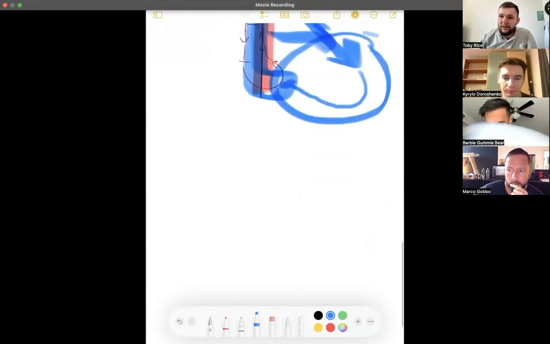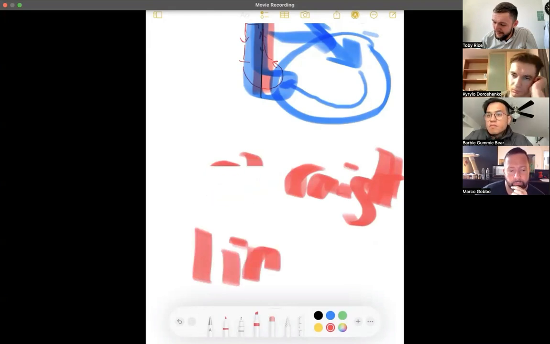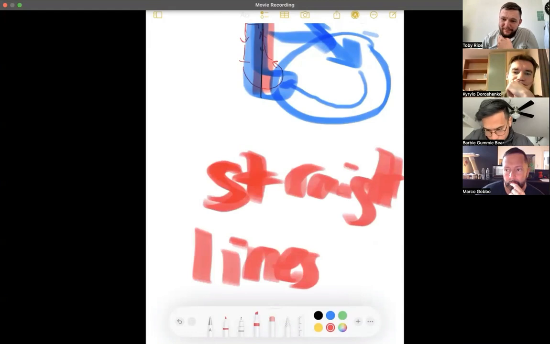Remember, what do we want? Yesterday we did the chant. Who remembers what we did yesterday? Yeah, straight lines. What do we want? We want straight lines. When do we want them?